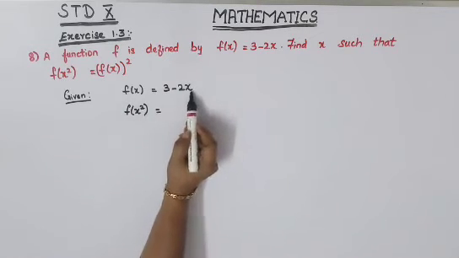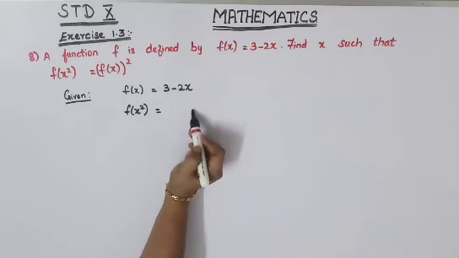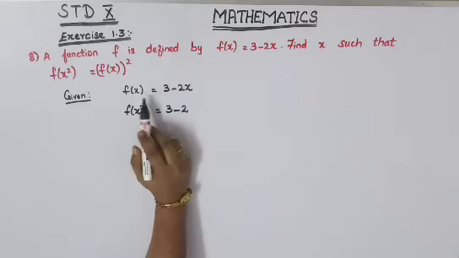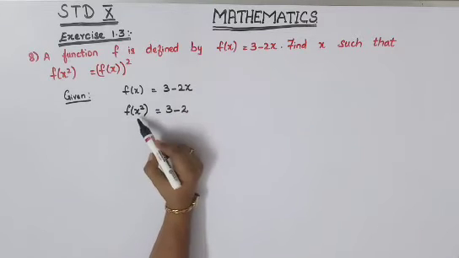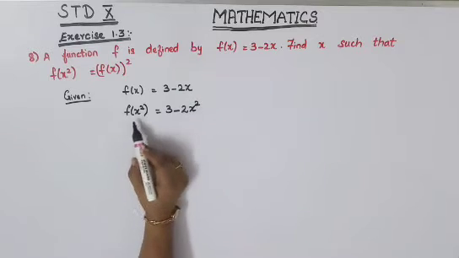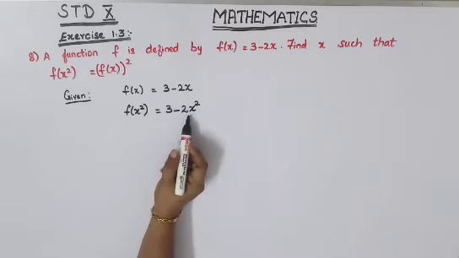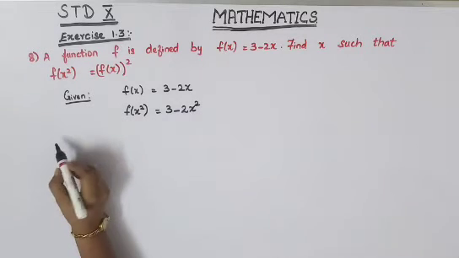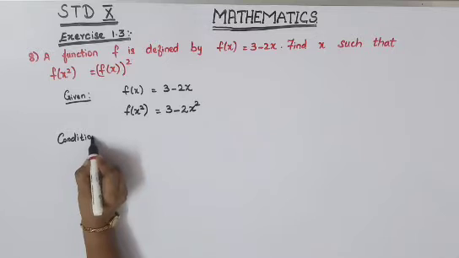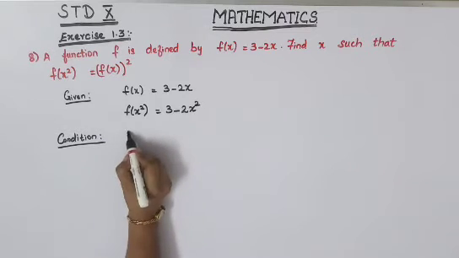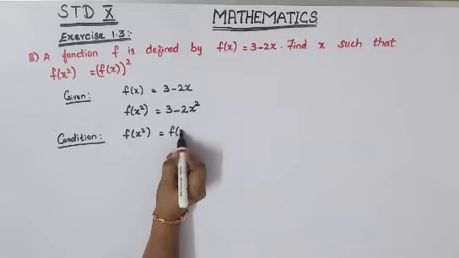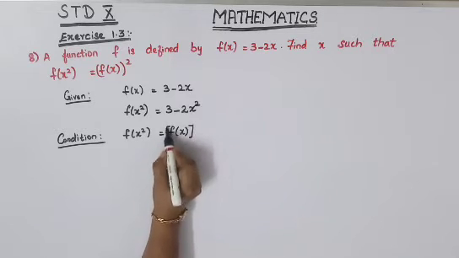So it is 3 minus 2 into x square. So f of x square is equal to 3 minus 2x square. Now the condition is f of x square is equal to f of x the whole square.